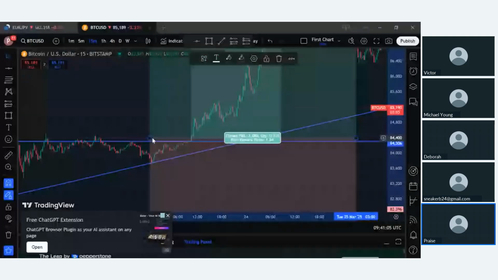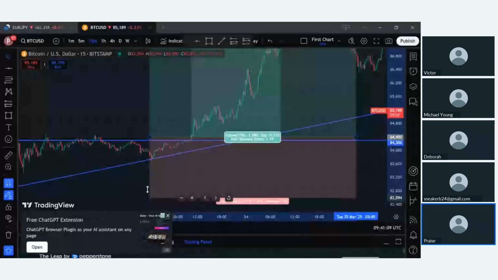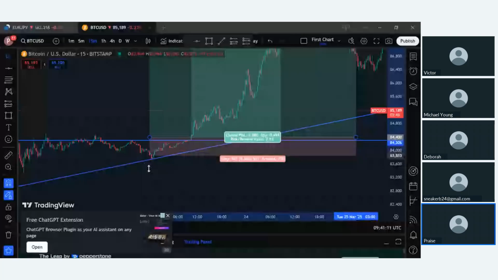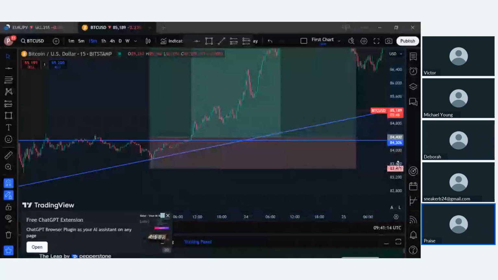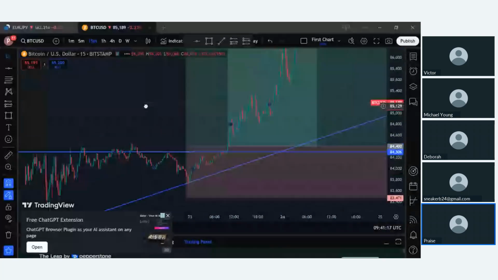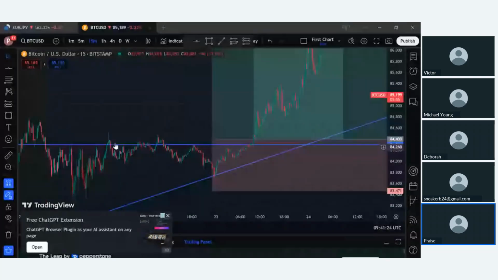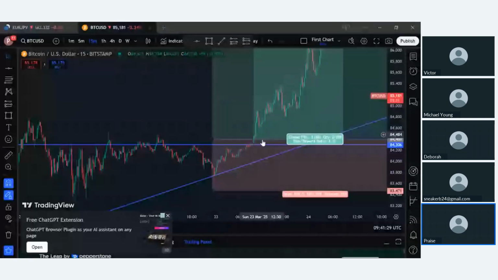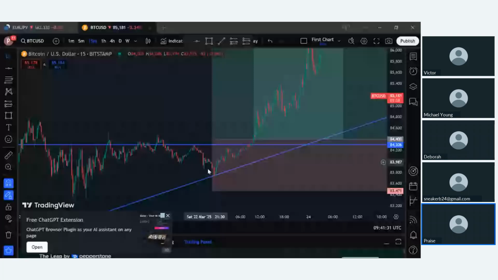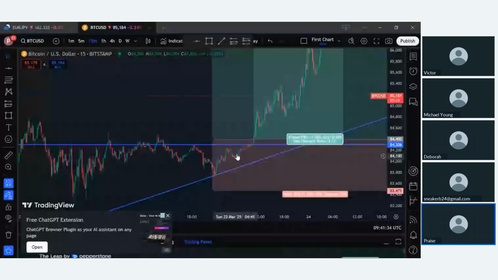So maybe this is the area you would have taken this entry, and your stop loss will just be around here, right? So this could have been your entry, because if you take it to the lower time frame, you see that this point stood as a resistance. So you don't want to take an entry that is still under this resistance. So you wait until the market breaks that resistance, and when it does, you take the entry, especially because the market is now being pushed from the trend line.